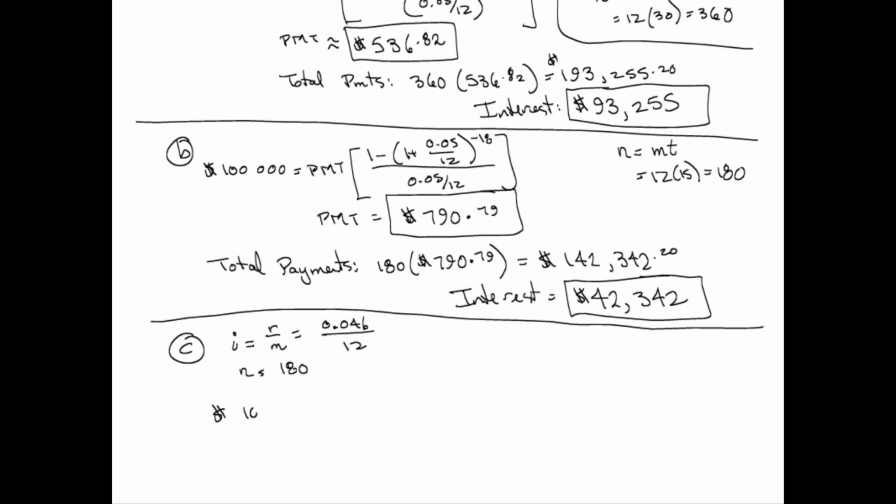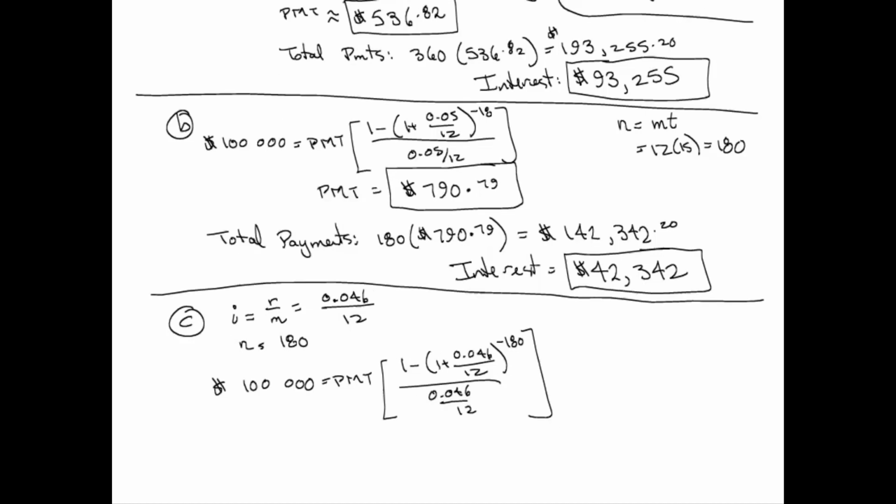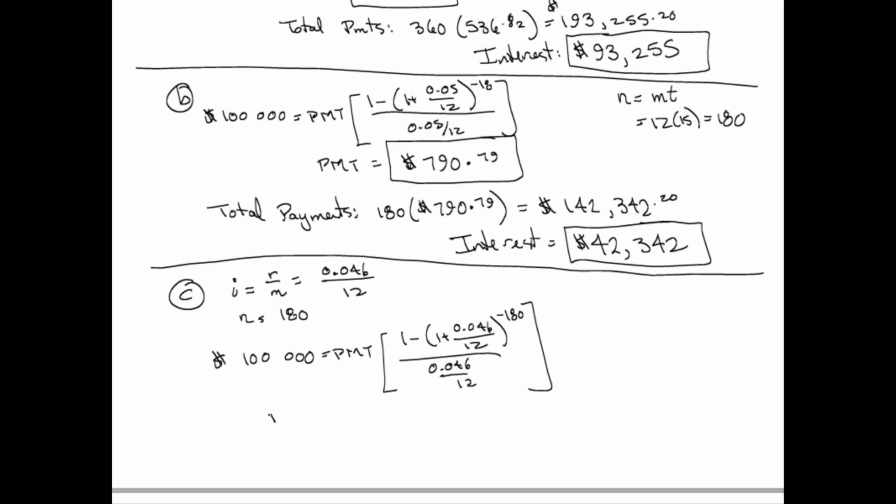So when we put this into our formula, we should end up with a payment of, not a huge improvement, only $20 a month over the 5% interest rate.